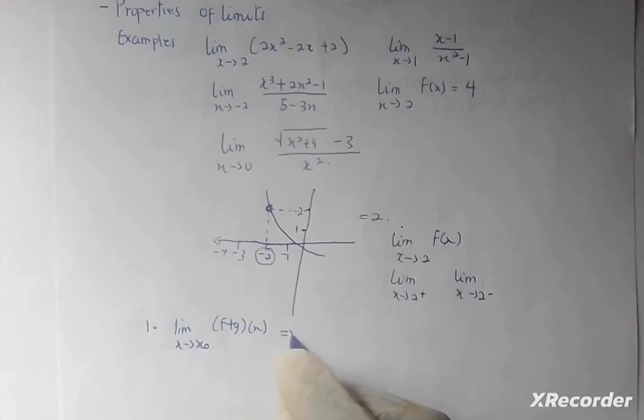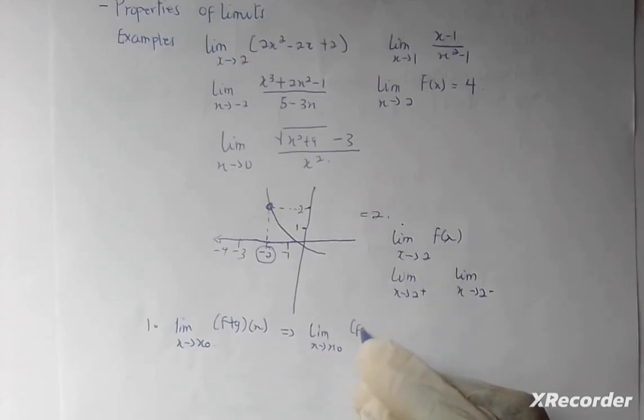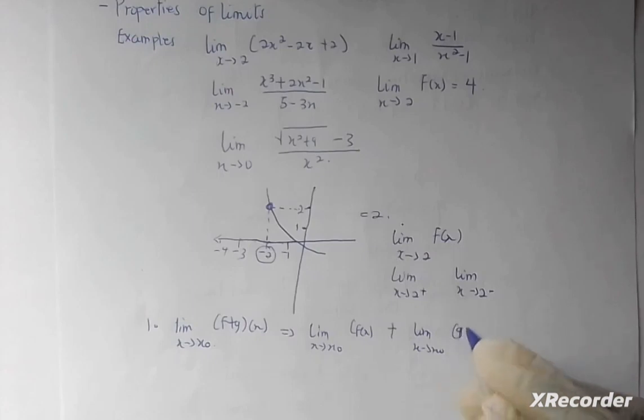Then our resulting solution is going to be the limit as x approaches x naught of f of x alone, plus the limit as x approaches x naught of g of x alone. So this is the first property.